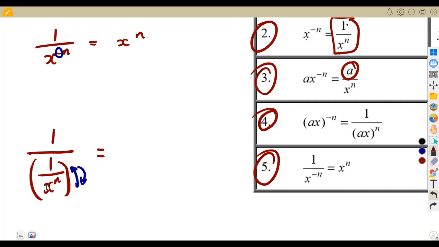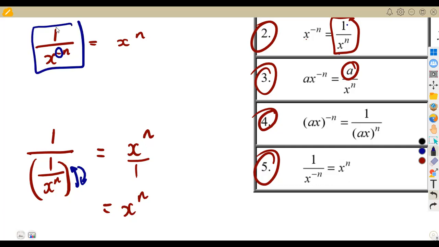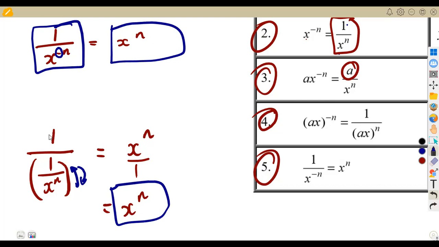So it simply means I'm going to have x to the exponent of n over 1. And remember also from our laws, if you divide by 1, that term remains as it is. So we can see that it is being proven that this whole part here is equal to x to the exponent of n. This is exactly where it was being taken from. These were the steps that we're supposed to take.